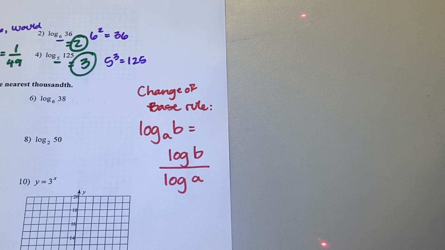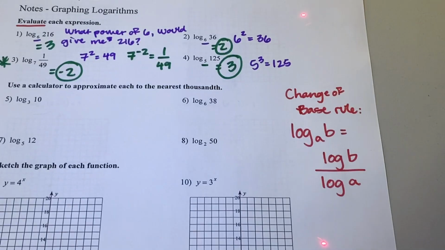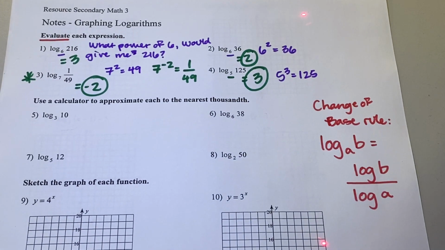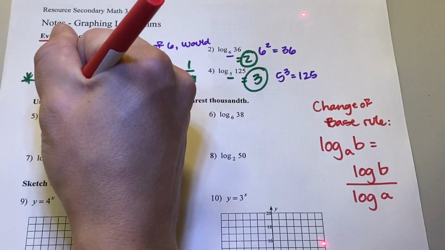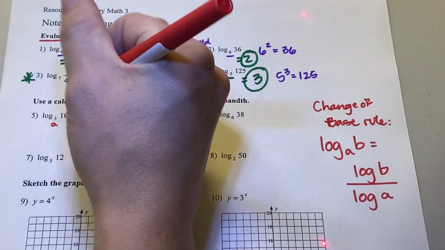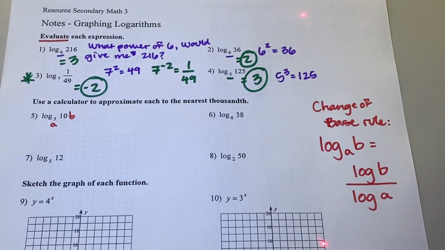Right now we're just using A and B. I think last time we used X and Y. Doesn't matter. Okay, so number 5, my base, my little guy, is A in this case. My bigger number would be B.